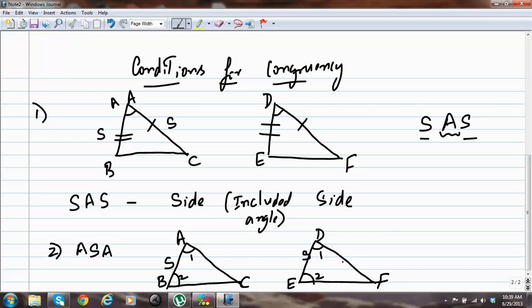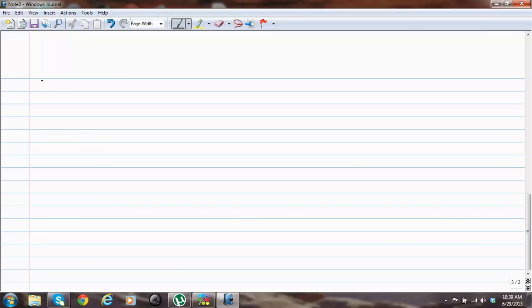So we can say that these two triangles are congruent by the rule ASA. Angle, the side sandwiched between these two angles, and the angle: angle, side, angle. Now let's come to the third rule.